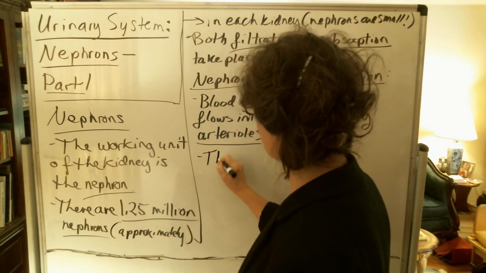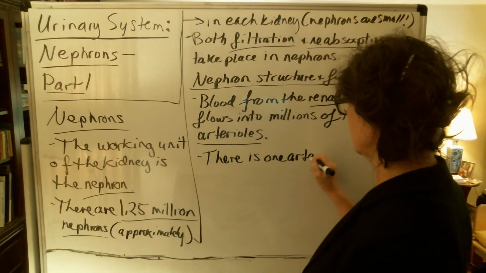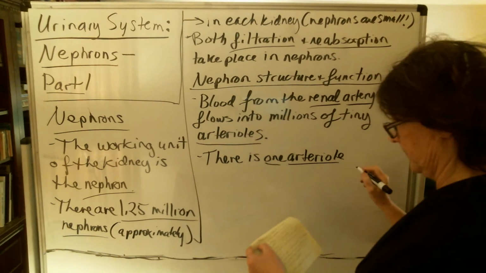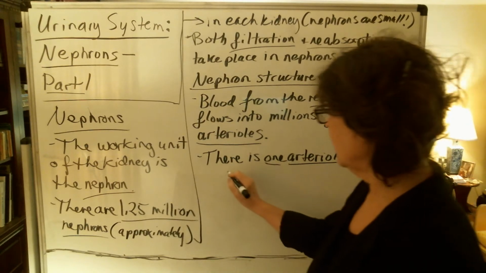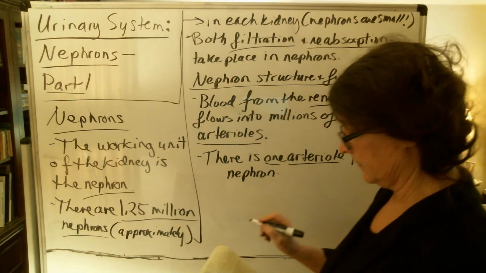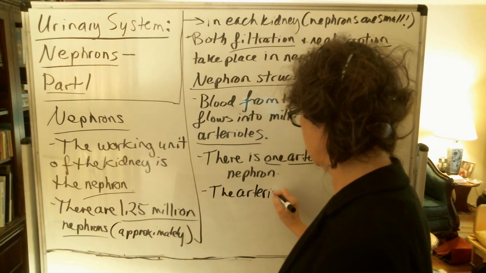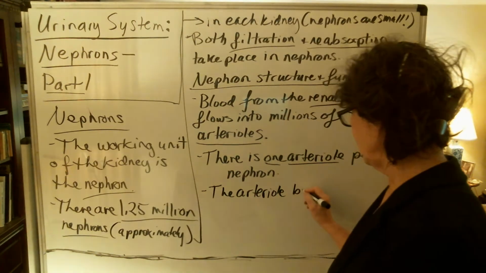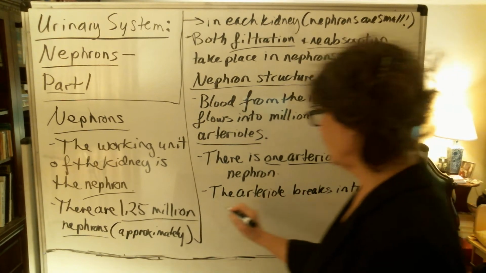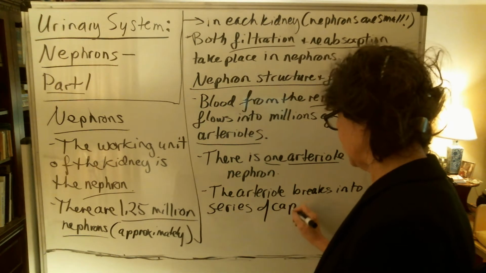So there is one arteriole per nephron. And the arteriole breaks into a series of capillaries.